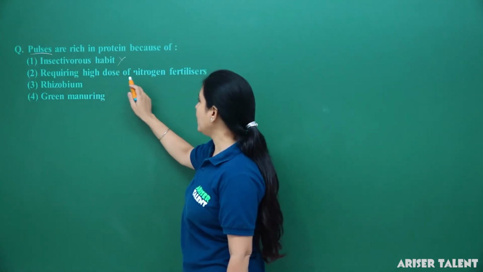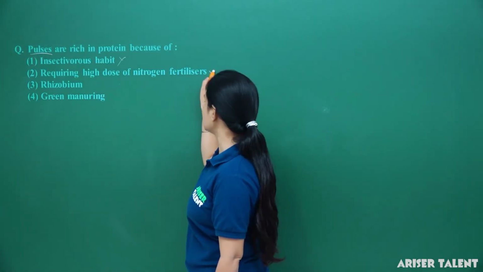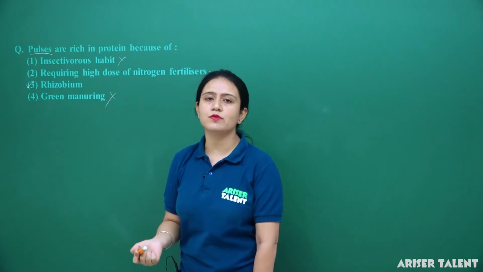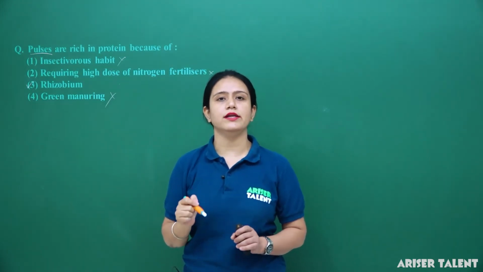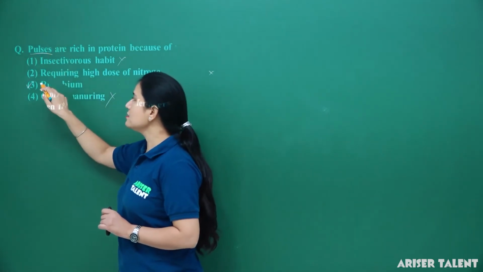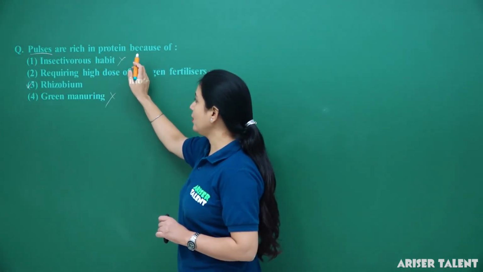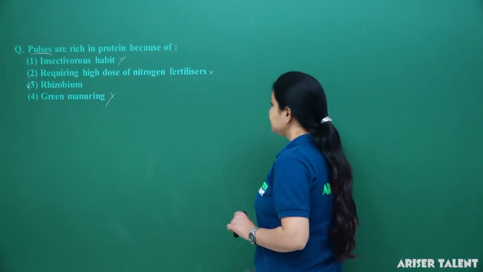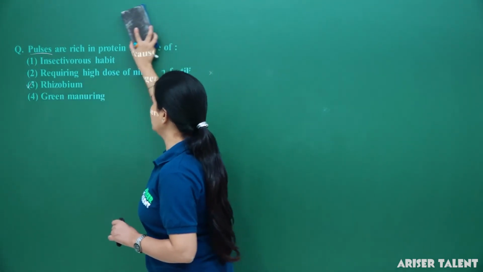No. Requiring high dose of nitrogen fertilizers? No. Rhizobium? Yes. Green manuring? No. I told you pulses are leguminous plants and in their root nodules generally rhizobium are present. This is the reason that pulses are rich in protein. Option 3.